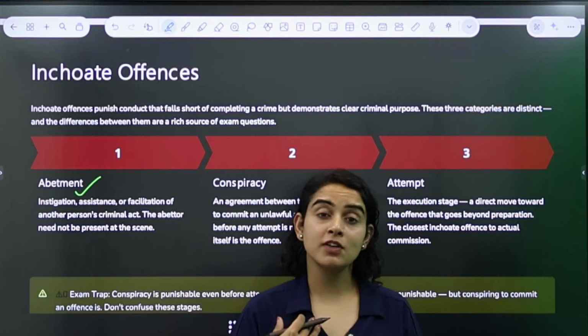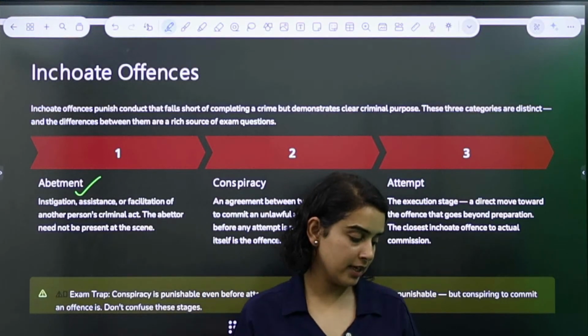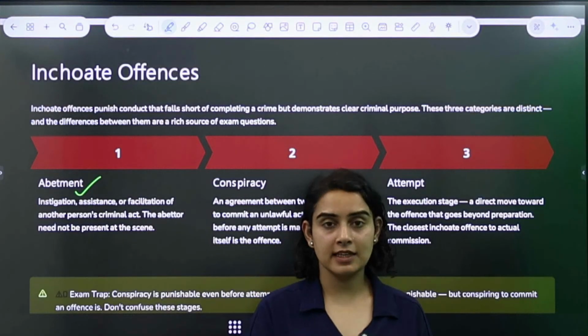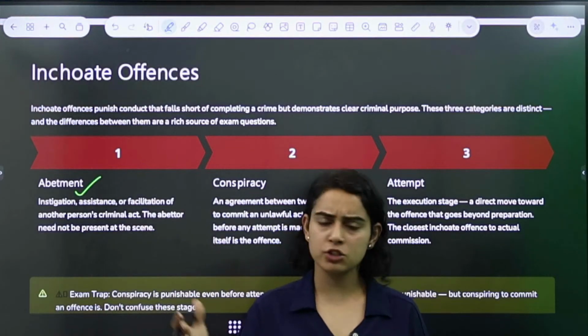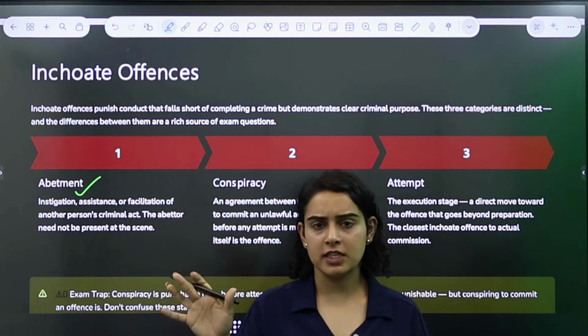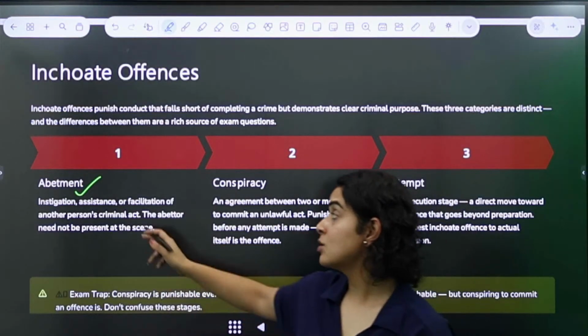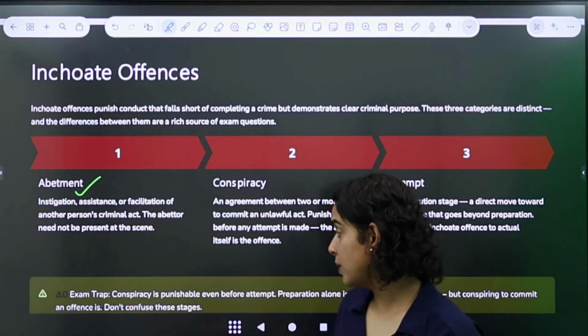So even if you're a great friend, and one of your friends really wants to commit a crime, but you are just there instigating him, supporting him or motivating him, saying oh, don't worry, just do it, I'll take care of the rest, okay, that's abetment. You cannot do it. If you do it, that's also a crime under IPC or BNS, and that is punishable as well.